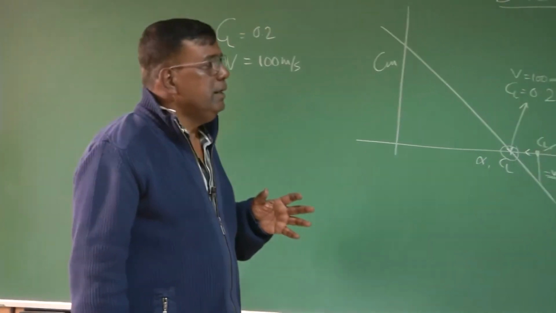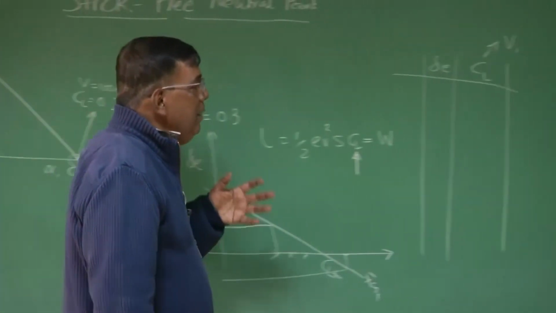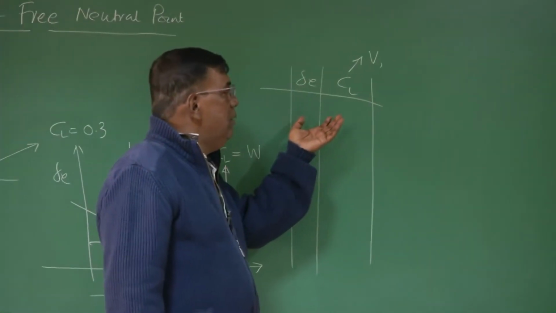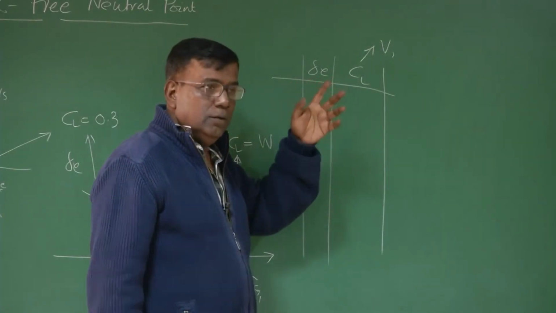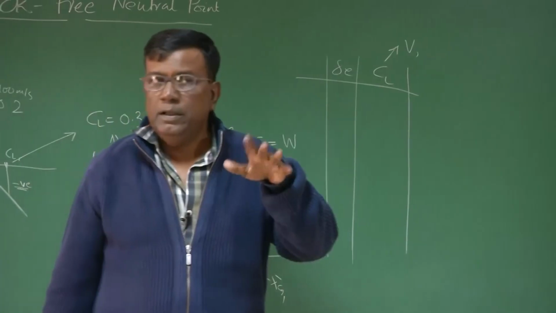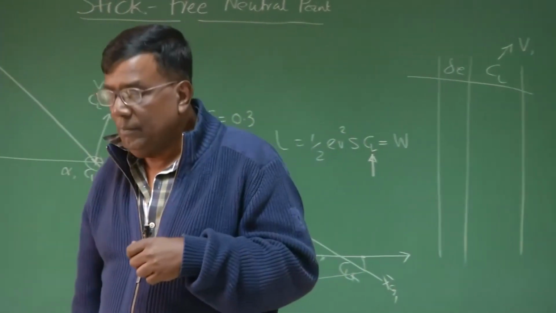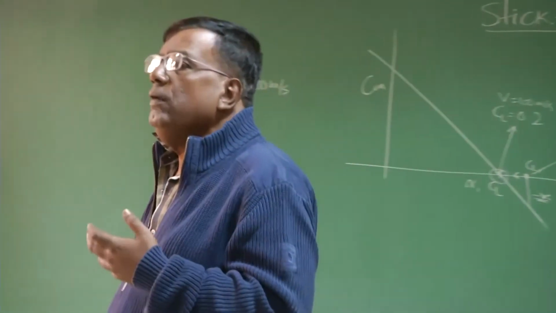The basic understanding is you are developing the feel of the airplane for the pilot through delta E and the speed. So he develops a feel: this much altitude, this much speed, this much elevator deflection I will get. But that may not be a very good way of giving him a feel.